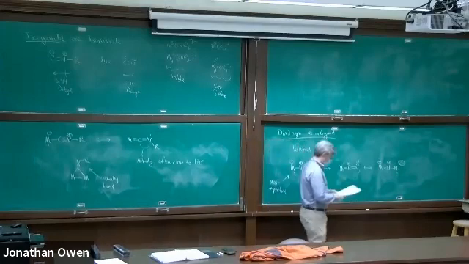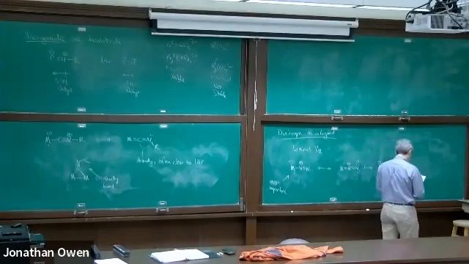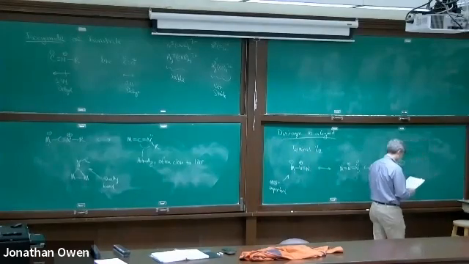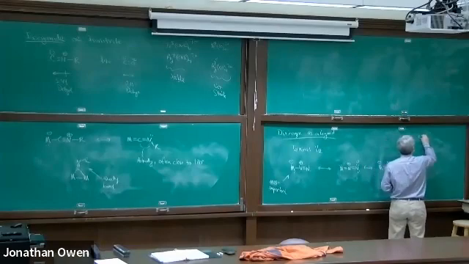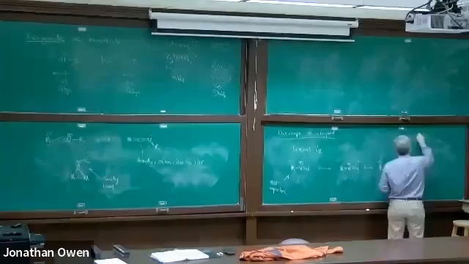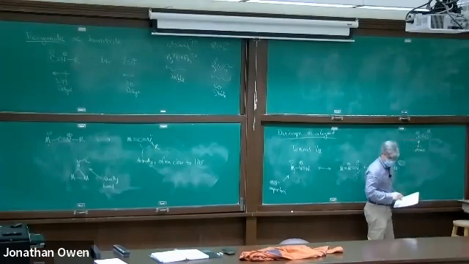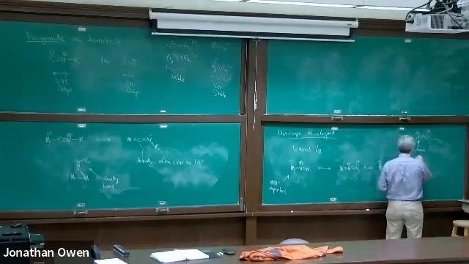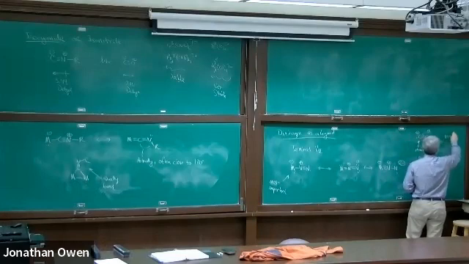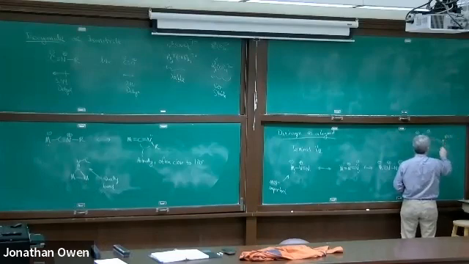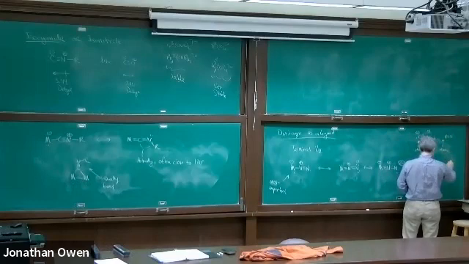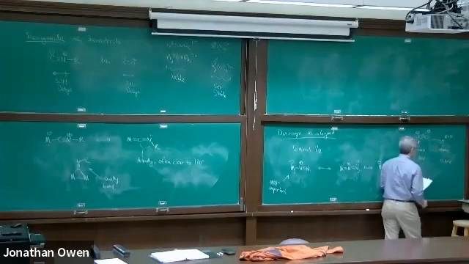N2 is a weaker sigma donor than carbon monoxide and a weaker pi donor also. So let's see here, the CO, the HOMO is that lone pair, right? The HOMO comes in at minus 14 electron volts. The N2 HOMO, same thing, minus 15.6 electron volts.